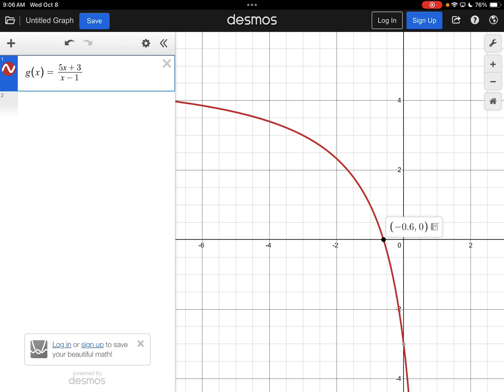Desmos will give you points of significance pretty easily. X-intercepts are points of significance. Maxes and mins are points of significance. Intersections between functions are significant. So you just tap on it in Desmos, and it's at -0.6. That was easy. Or you could solve it by hand.